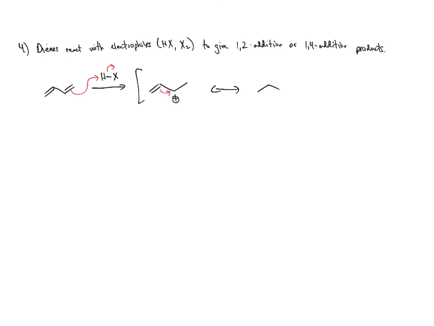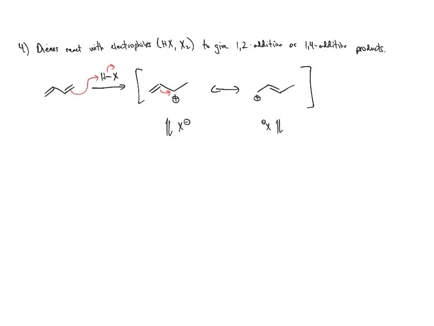And as it does that, we generate a new carbocation. Now those two carbocations could potentially react to give you a product. So X minus could come along in each of those cases to give you different products.